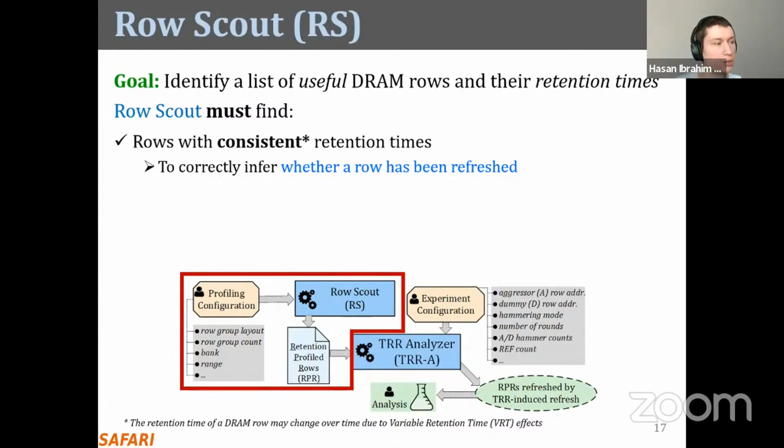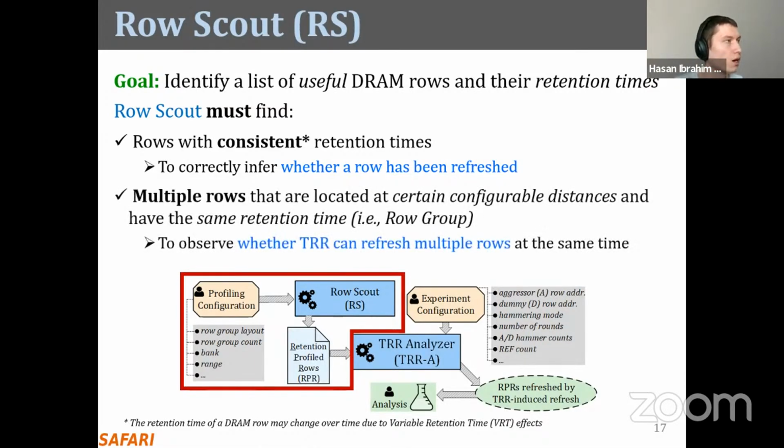And it can change due to effects such as VRT, which I believe was discussed in the previous meetings. The second requirement is that Row Scout should be able to find multiple rows located at certain configurable distances, which is specified with the row group layout here. And these rows located at certain configurable distances should have the same or similar retention time within a specific margin.